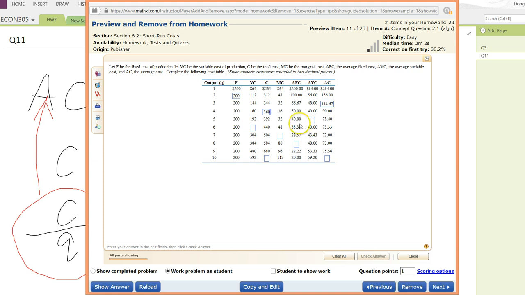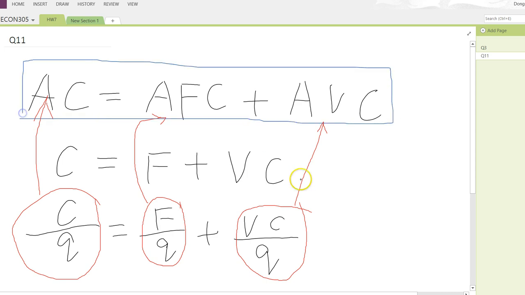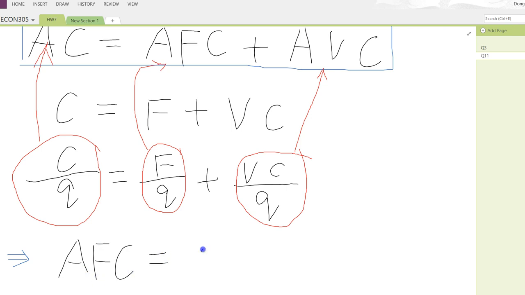So if we know the average fixed cost and average cost, from this equation here we can also get the average variable cost. This tells us average fixed cost equals average cost minus average variable cost.